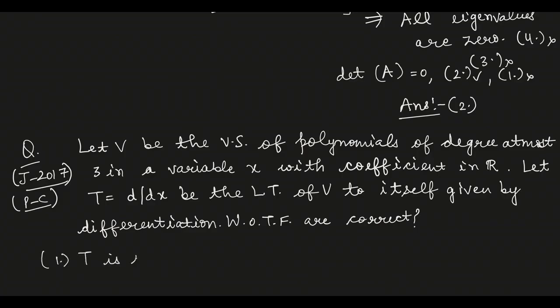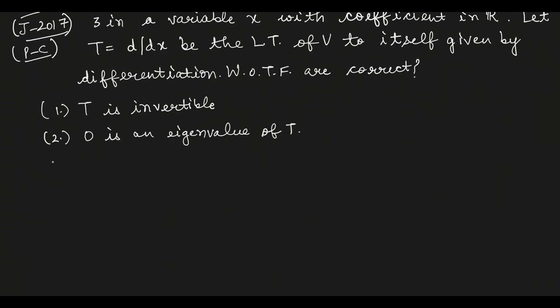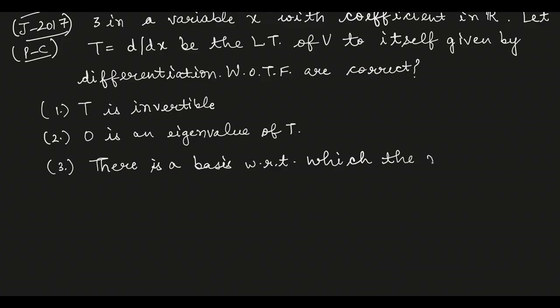T is invertible. 0 is an eigenvalue of T. There is a basis with respect to which the matrix of T is nilpotent.